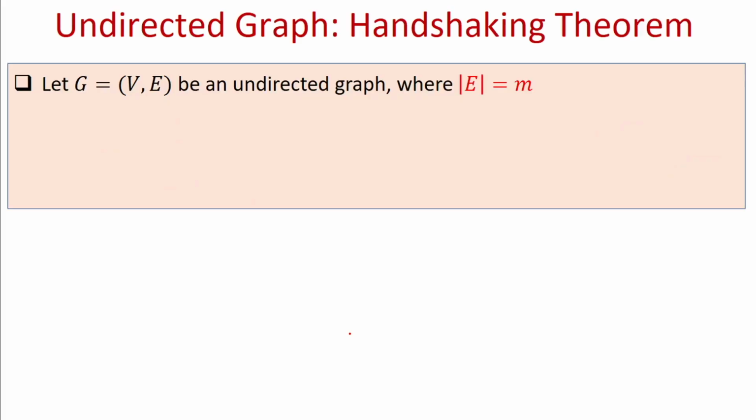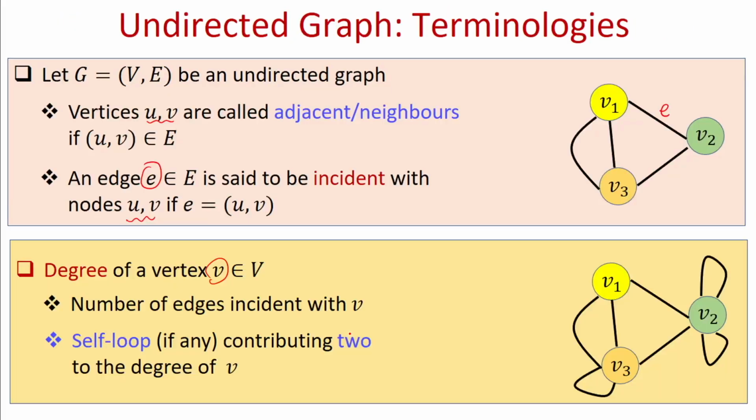So for instance, if I take this undirected graph, let us find out the degree of the vertex v1. How many edges are there incident with the vertex v1? This is one of the edges, this is another edge, that makes 2, and now we have this edge again incident with v1, so total 3.